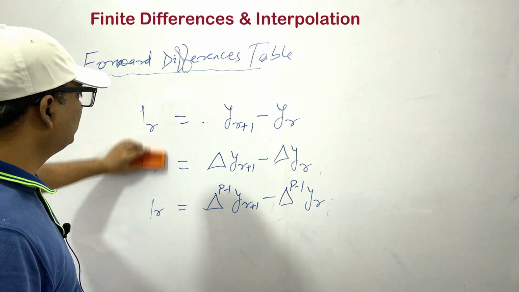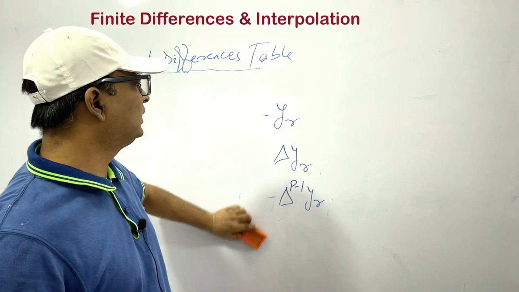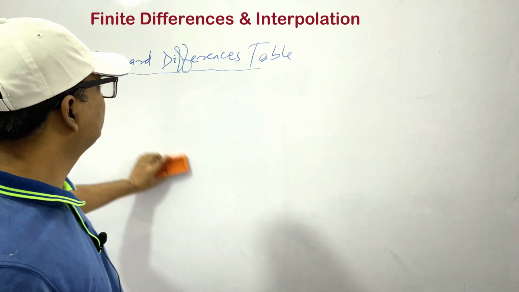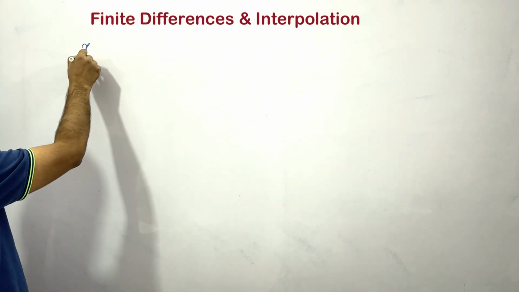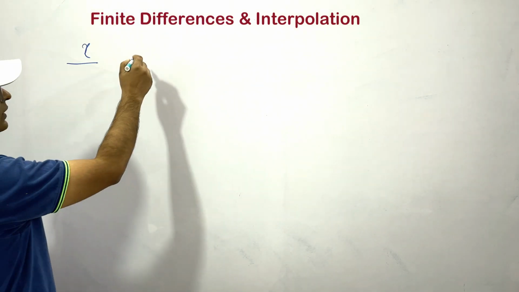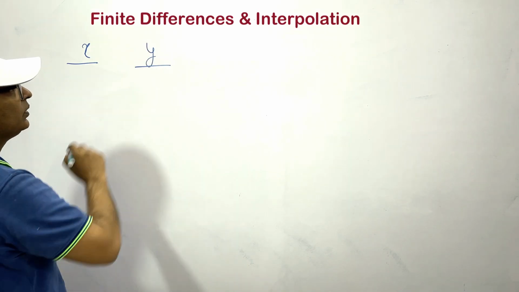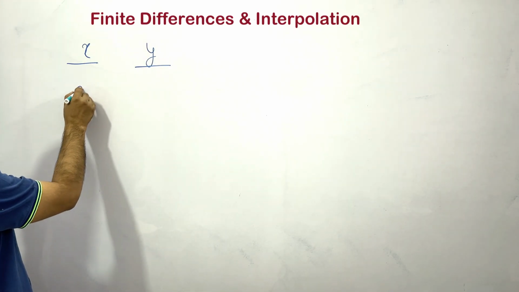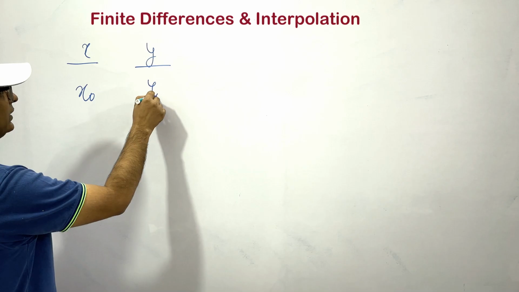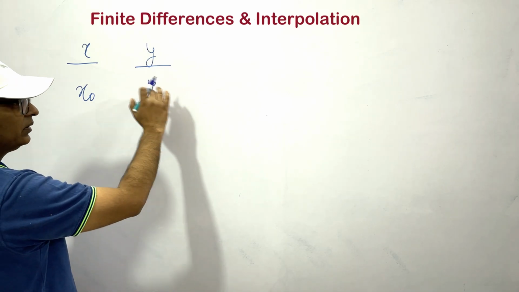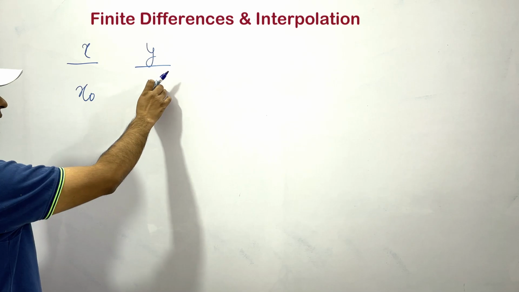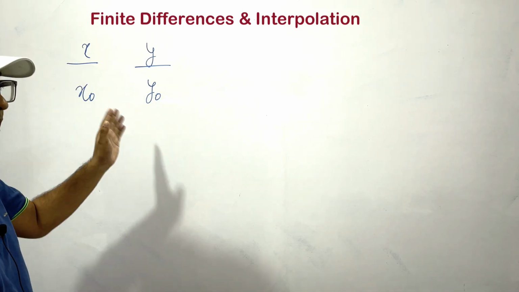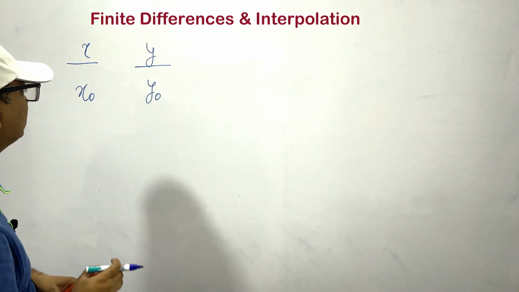Okay. So how do we compute the forward differences table? See, the first is value of x, second is value of y corresponding to x. So let's write down. This is x0, we have this is y0. This is called the leading term. The first term in every column is called the leading term.